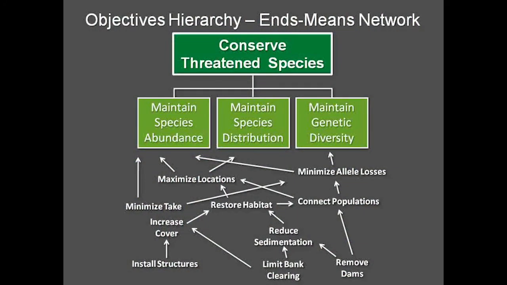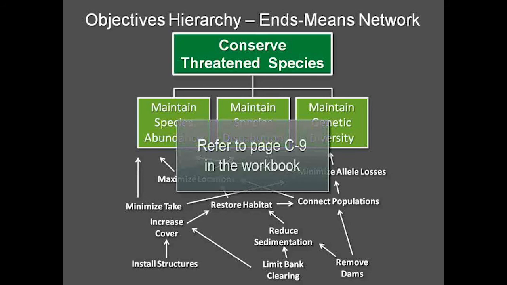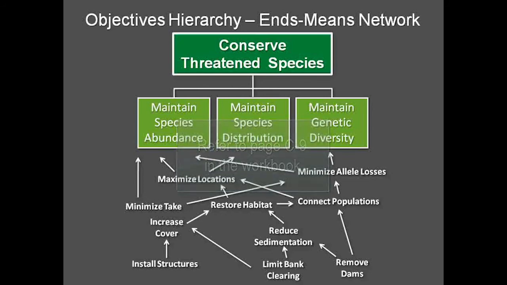What you see at the top of this example, on page C9 of your notebook, is this fundamental objectives hierarchy at the top, but then we can start putting means objectives in. We can say, okay, how do we maintain species abundance? Well, we can maximize the number of locations, we can minimize take, we can minimize the allele losses. That'll all contribute to species abundance.